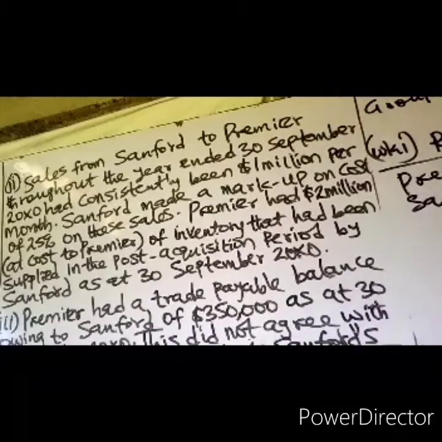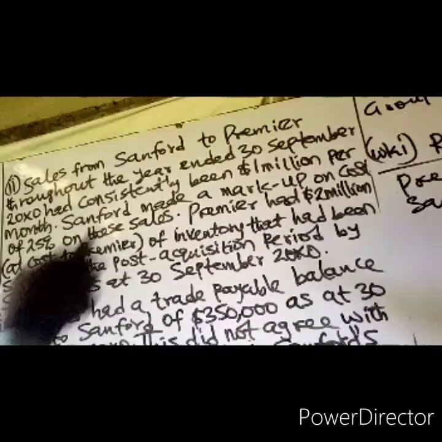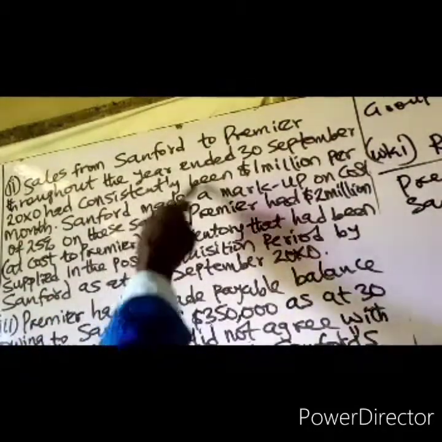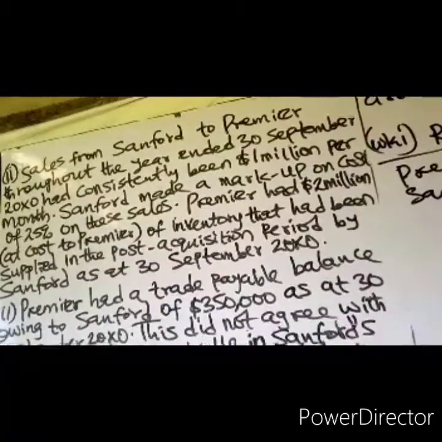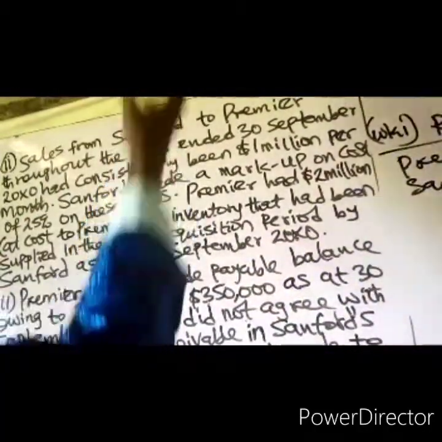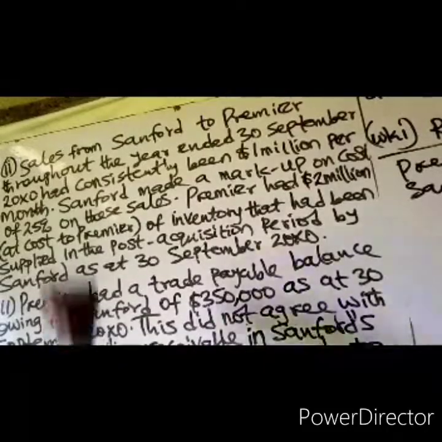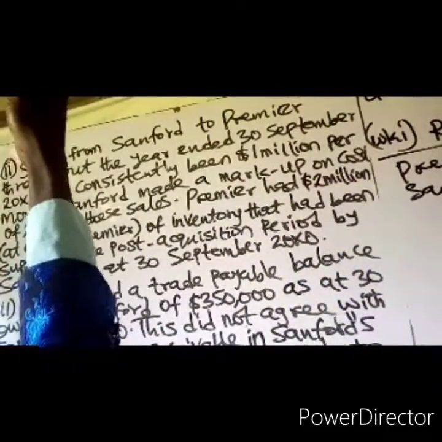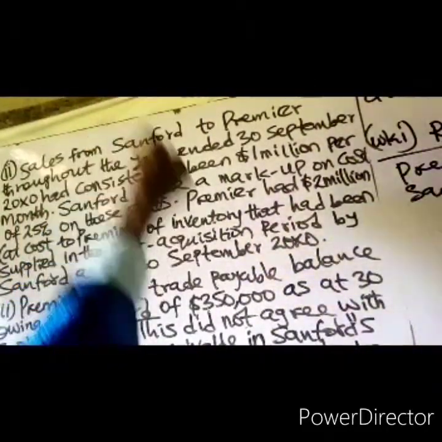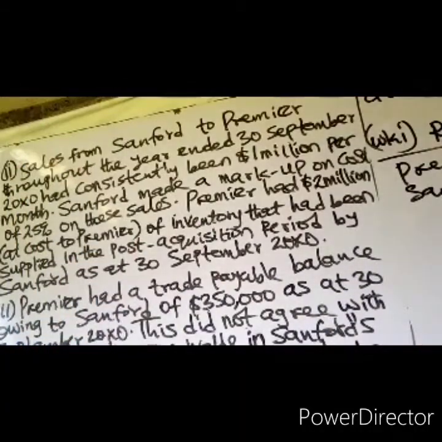Throughout the year, it is always 1 million. And we only have 4 months that relate to the post-acquisition period. That means the sales you are going to consider will be sales of June, July, August, and September.